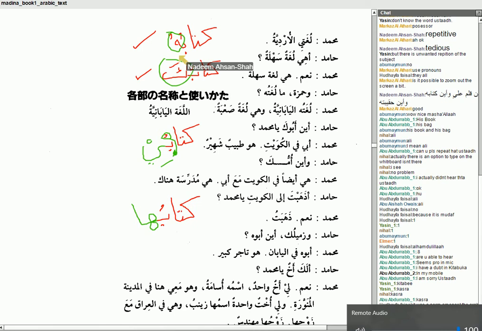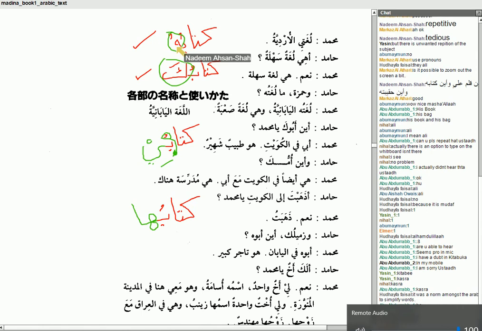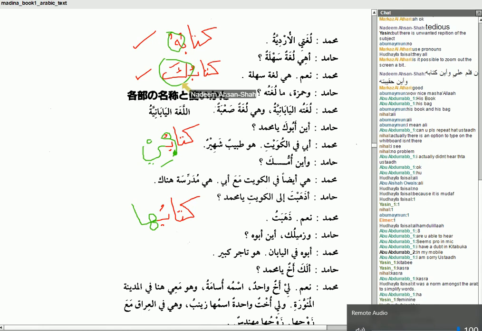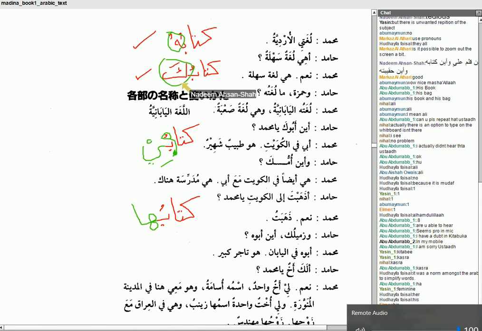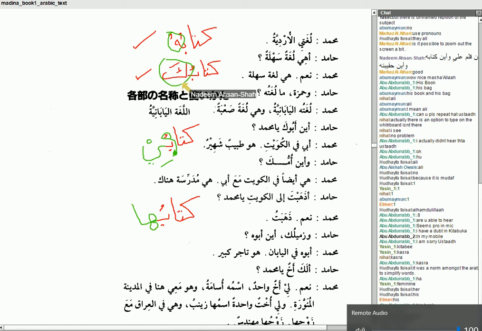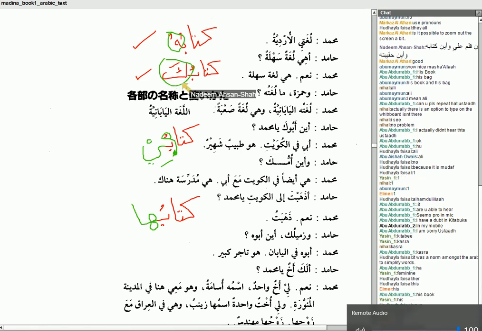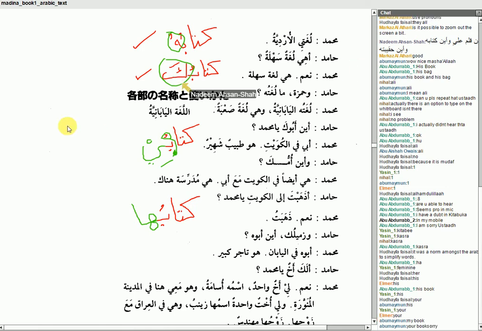This one is whose book? His book. And this one, whose book? Barakallahu fik. Your book. Abu Mamun. Kitabuka. It doesn't mean my book, it means your book. Yeah, your book now.